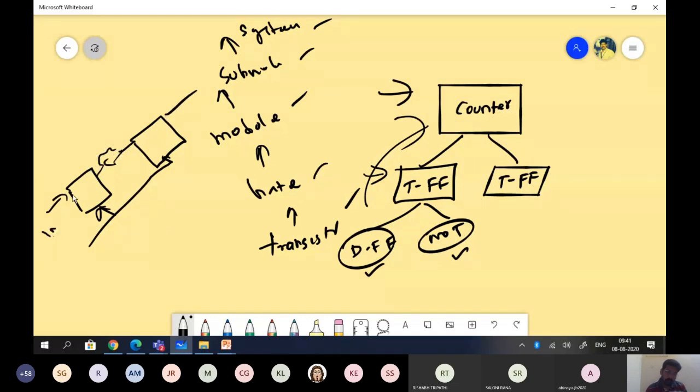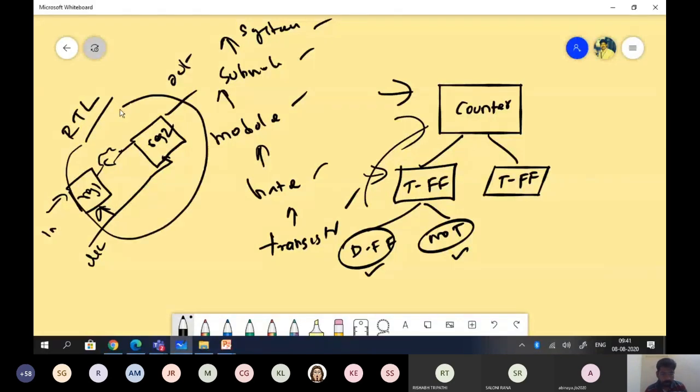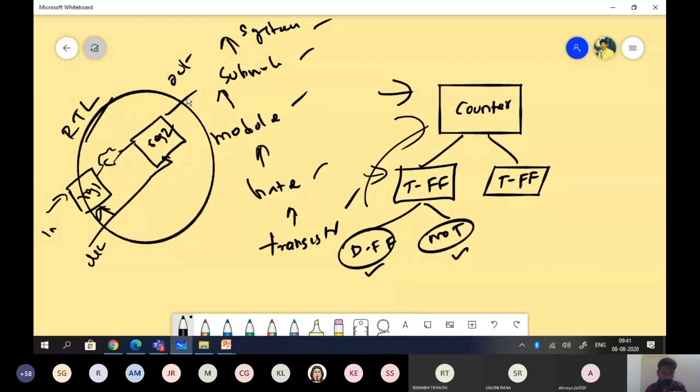Your input to the output goes through reg1 and reg2. So this is RTL, register transfer logic. All your code or your design will be mapped to this particular RTL logic, register to register. We call it register transfer logic.